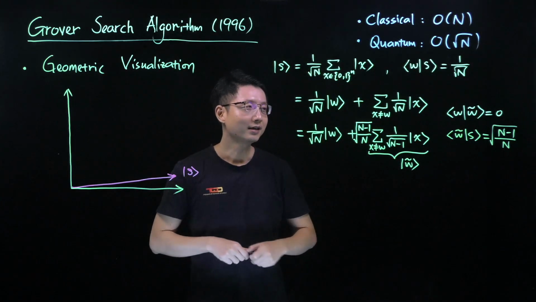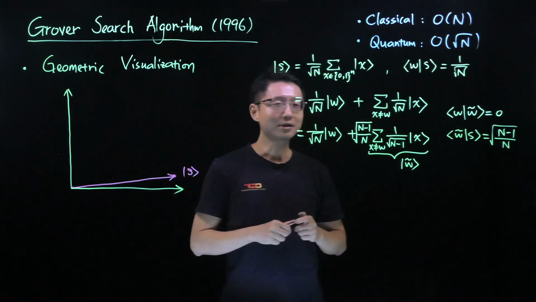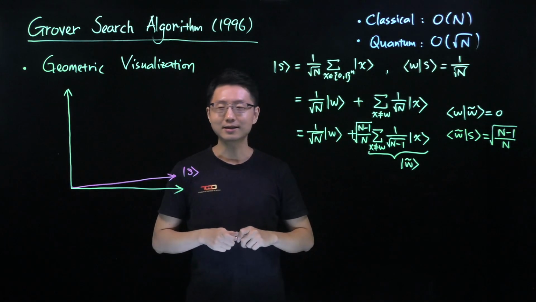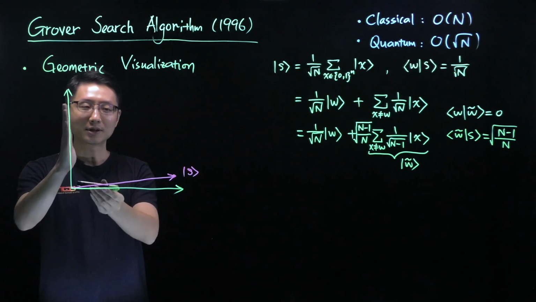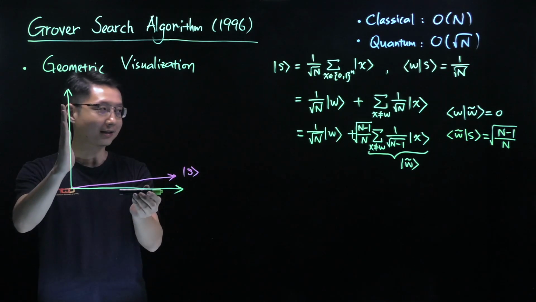So effectively, W and W tilde form a two-dimensional subspace, and I'm going to represent that geometrically here using two vectors which are orthogonal to each other.